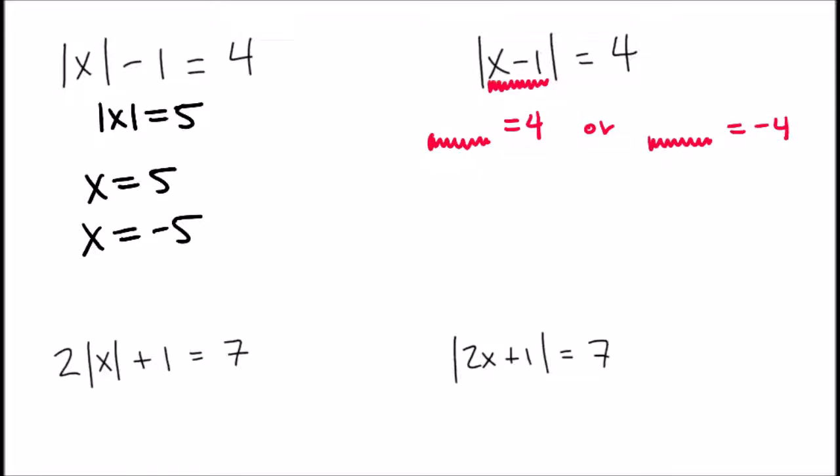And then you replace that with x minus 1. And now I'm going to solve for x. I'm going to add 1 to both sides. So I'm going to say x equals 5, or maybe x equals negative 4, add 1 back is negative 3.